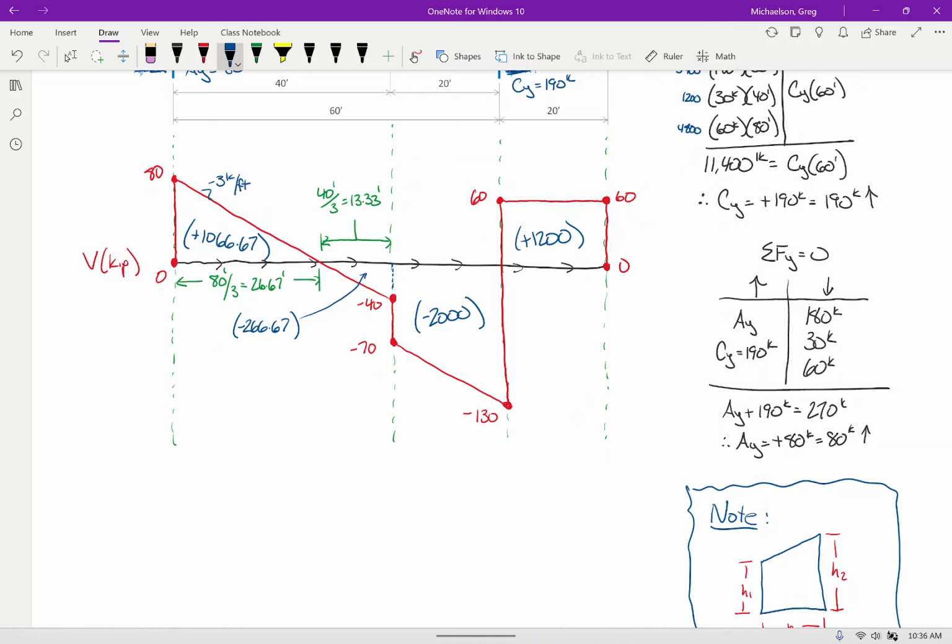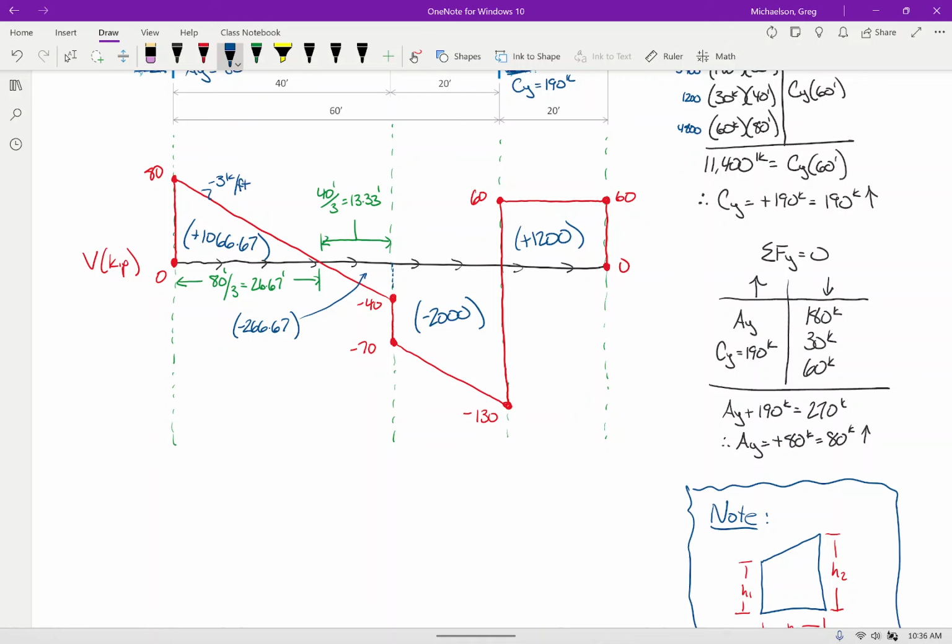Okay. By the way, what happens when I add up all those areas? What is 1066.67 minus 266.67 minus 2,000 plus 1,200? Should be 0. Is it 0? Yes, it is, right?